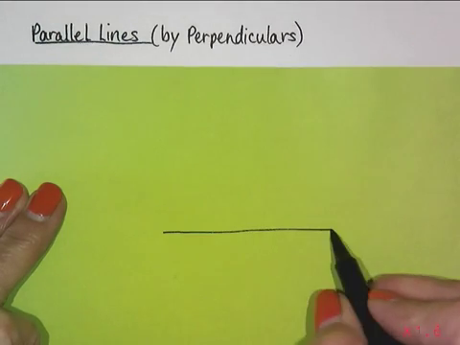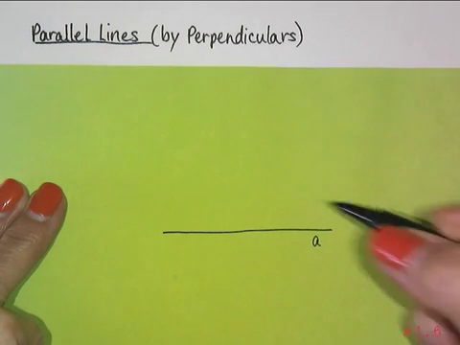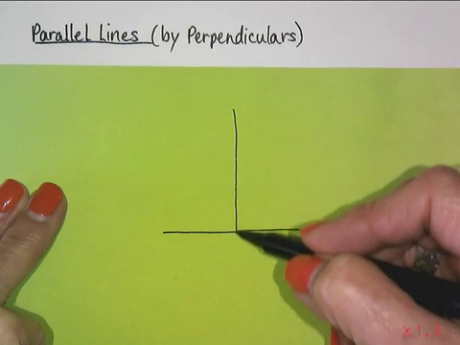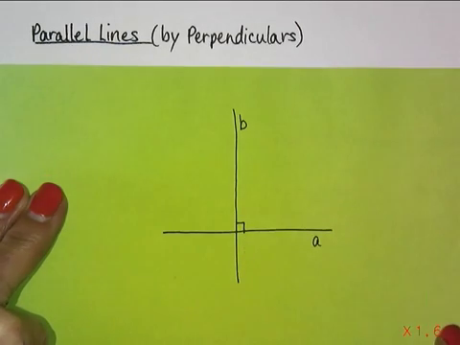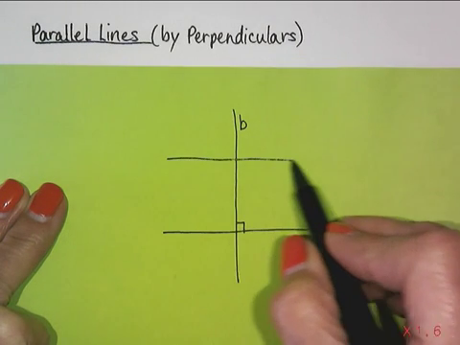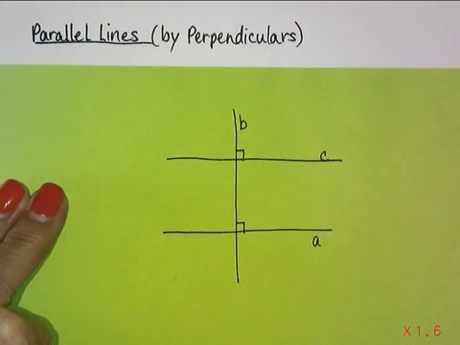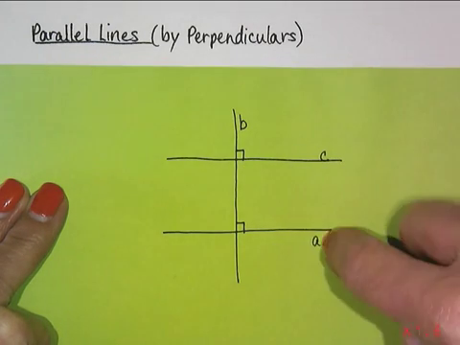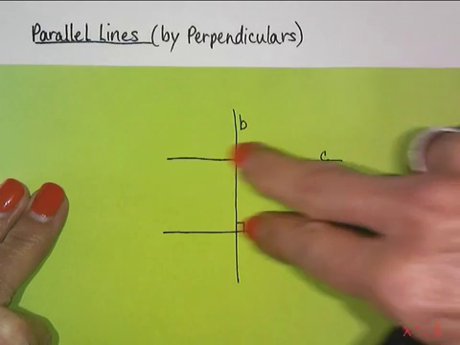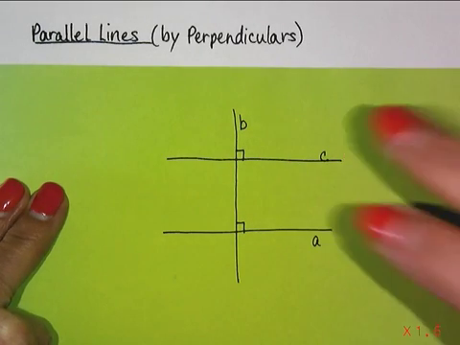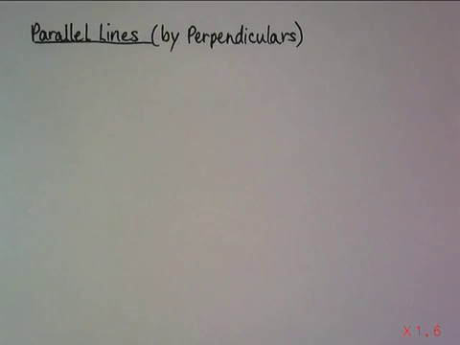If I have a line, I'll call it line A. And if I have a second line, I'll call it line B. And I know that line B is perpendicular to A. Then I draw a third line, calling it line C, and line C is perpendicular to B. Would it then make sense that since A was perpendicular to B and C was perpendicular to B, that A and C should be parallel? I hope that logic makes sense because that's the logic I'm going to use for this next construction.